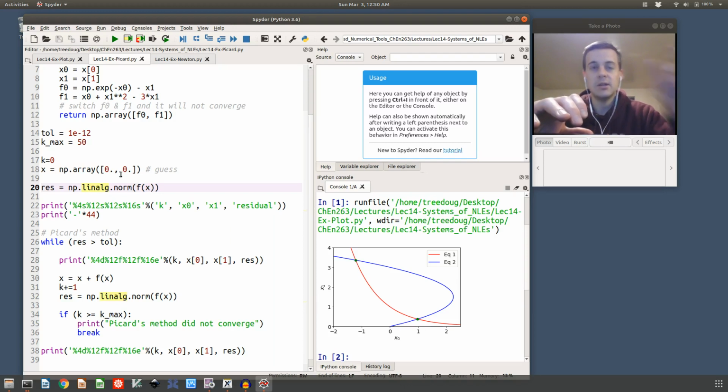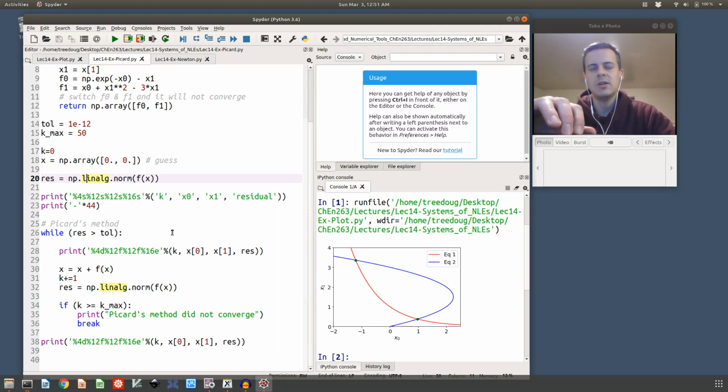So notice that my guess is an array. Alright, and for my residual, I need to take the norm of that array. So I take the norm of f, which returns an array, and that's going to give me some value for the residual. Here's some print statements just to print out at every step what k is, what x0, what x1, and what the residual is in my method.